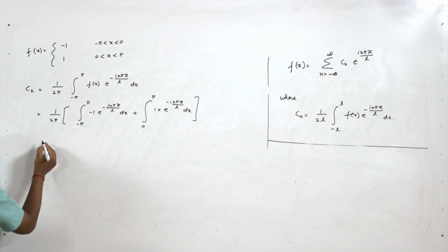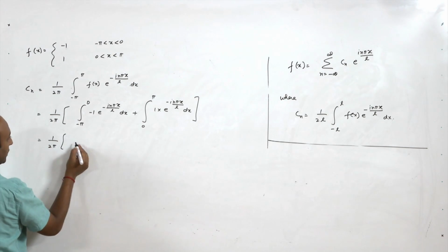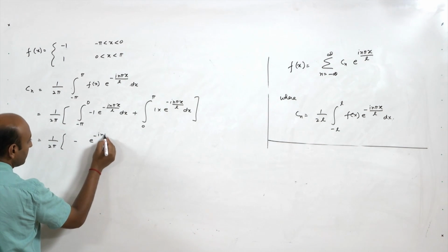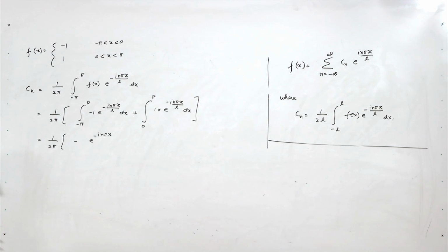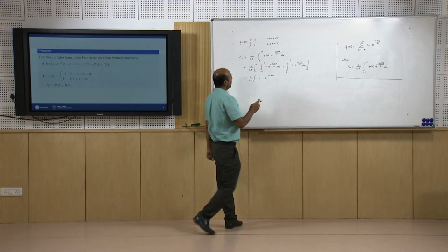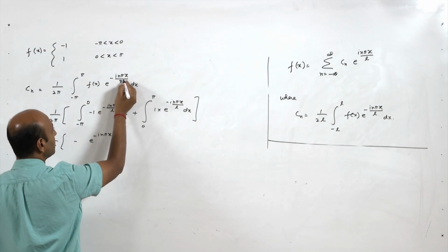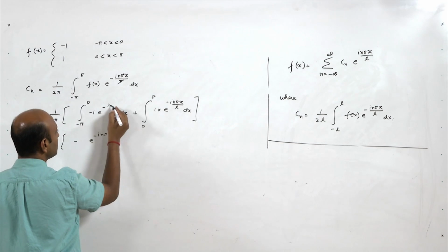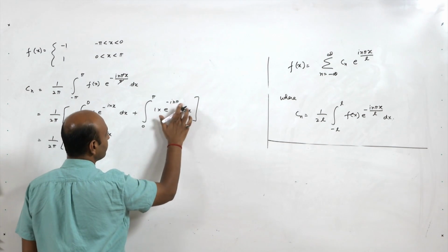Now, this can be written as 1 upon 2 pi, and you can integrate it. Minus e to the power minus iota n pi x upon L. Here L is pi, so pi cancels out. So, you can eliminate this.